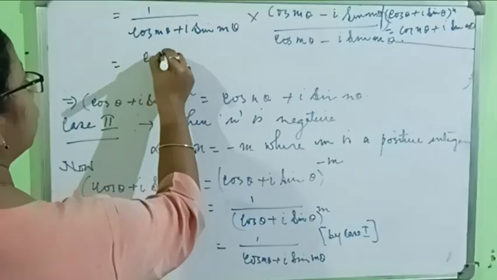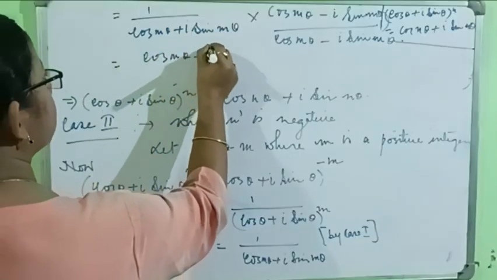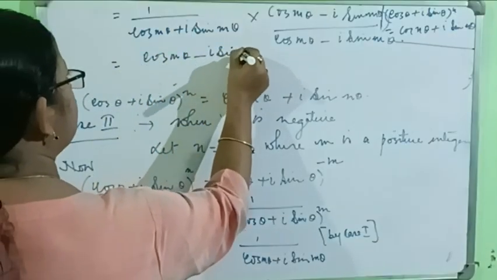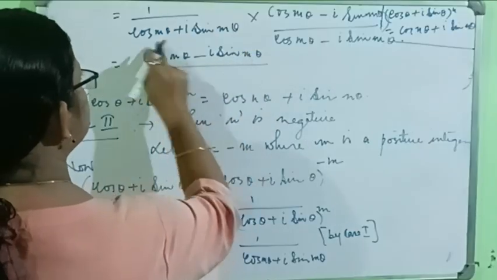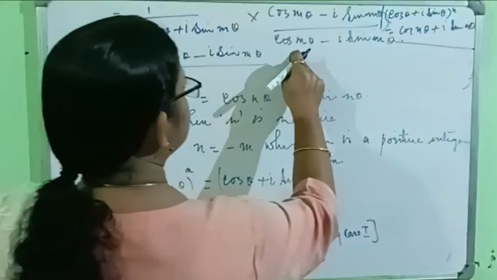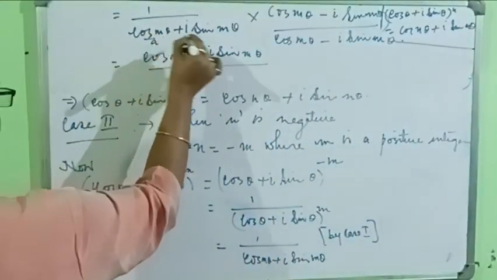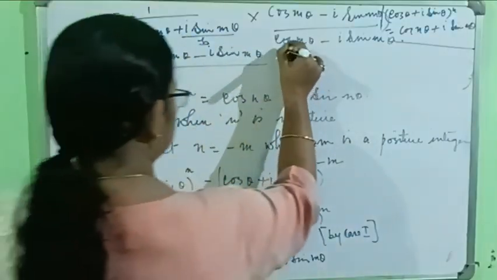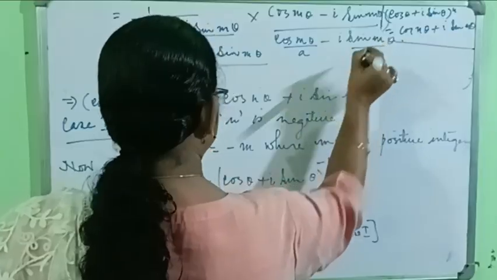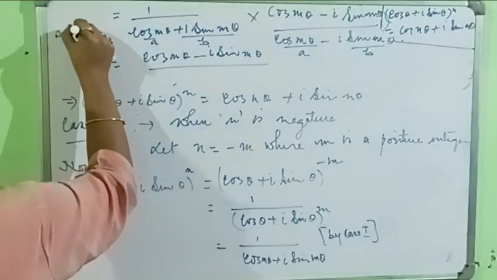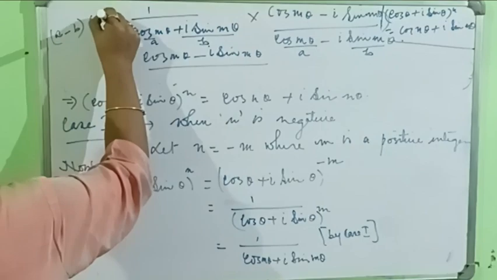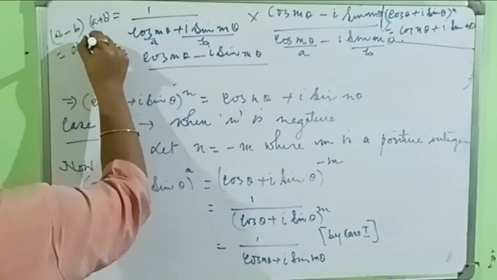Then in the numerator it is this one, and in the denominator it is (a plus b)(a minus b), so it is a square minus b square. If this is a and this whole is b, this is a minus b, a plus b, so this is equal to a square minus b square.